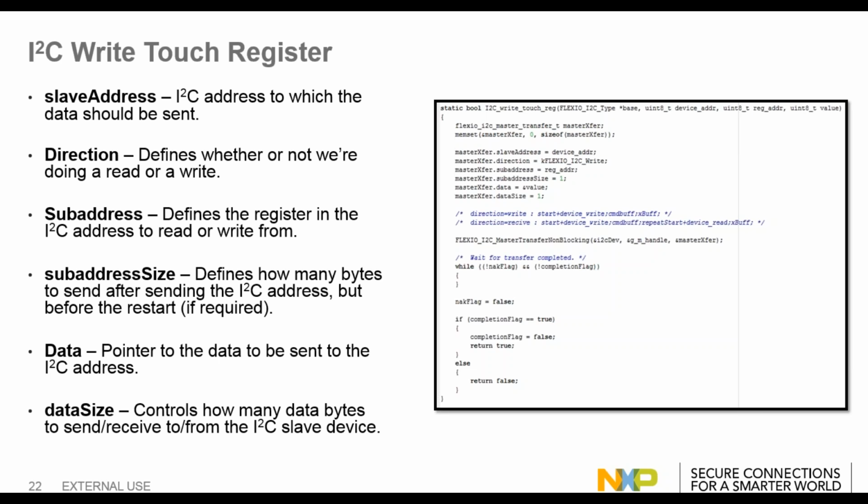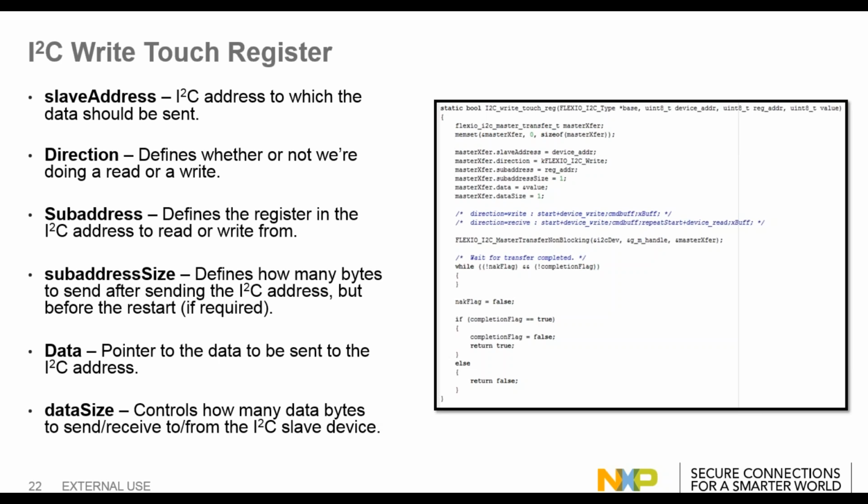And there's some specific framework that needs to be followed in order to use this software. So we define the structure for sending I2C data. And this includes the slave address, the direction of how you're sending that data, the register that this I2C is to be read or written to, and the sizes of the data that you are sending.